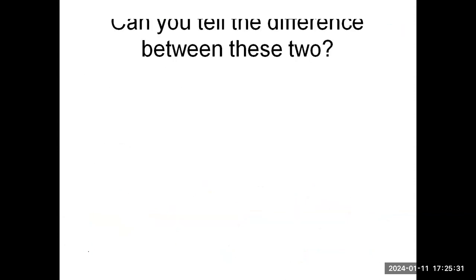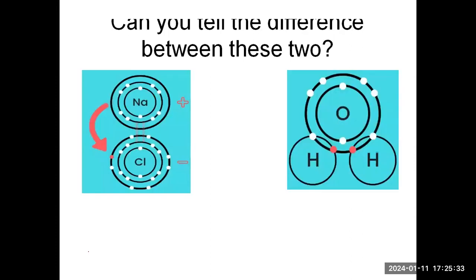Now, the difference between the two: you can see here in the first one, sodium is losing an electron to chlorine to get NaCl. And here the electrons are shared between the atoms to make H2O.